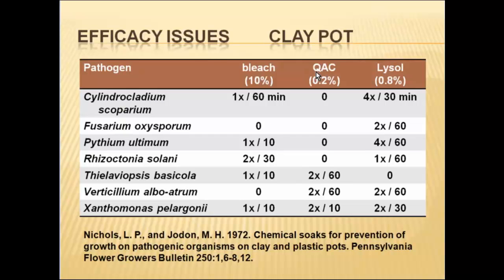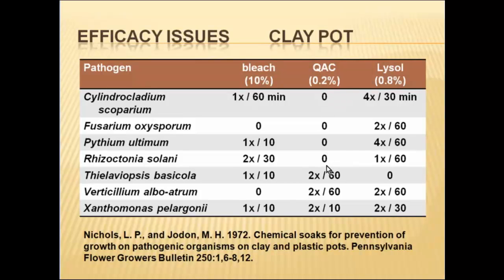So with the quaternary ammonium compound, again, different than which was used in the other study, the label rate didn't work. They had to use twice the label rate. With 2 of the fungi, they had to go to the full 60-minute contact time. With 4 of the fungi, they didn't get 100% mortality.